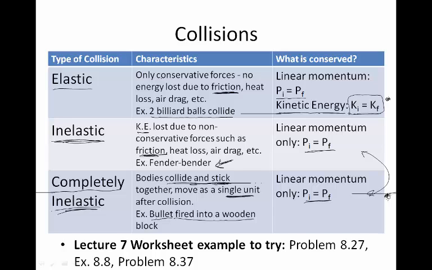Okay, so there are some problems on the worksheet where you get to practice this. The first thing you want to try and do is just identify what kind of collision it is. Is it elastic? Is it inelastic? Is it completely inelastic? That's the first step. Once you've determined what kind it is, then look at this column, and that will tell you which equations you can use in order to solve whatever it is you need to solve about the problem.